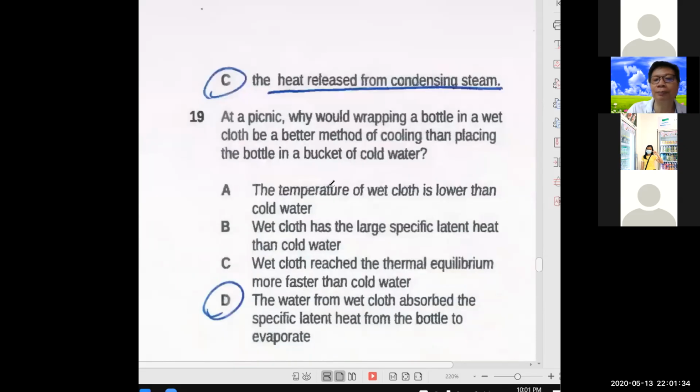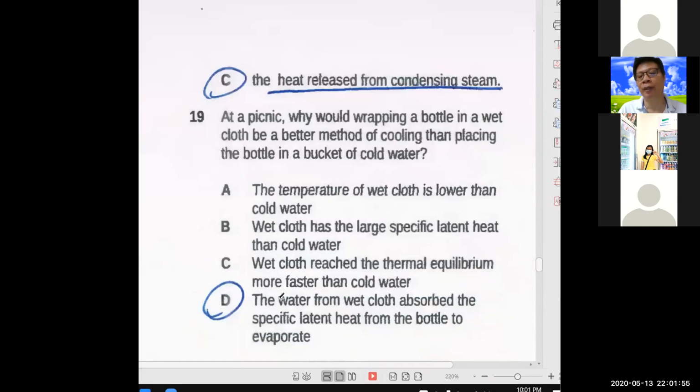Okay, one more question, number 19. Why would wrapping a bottle in a wet cloth be a better method of cooling than placing the bottle in a bucket of cold water? Actually, you want to keep it cold, right? You cover the bottle with a wet cloth. Wet cloth is better, you know.